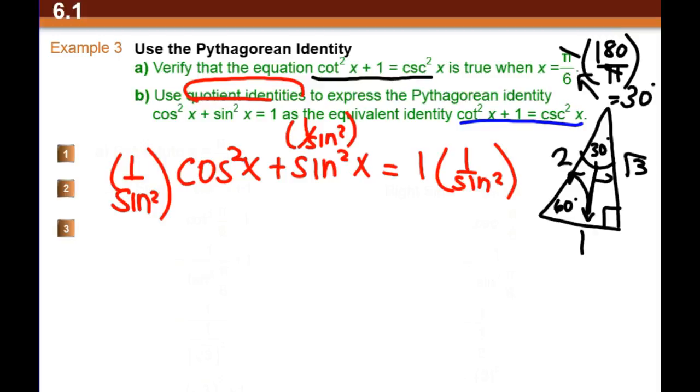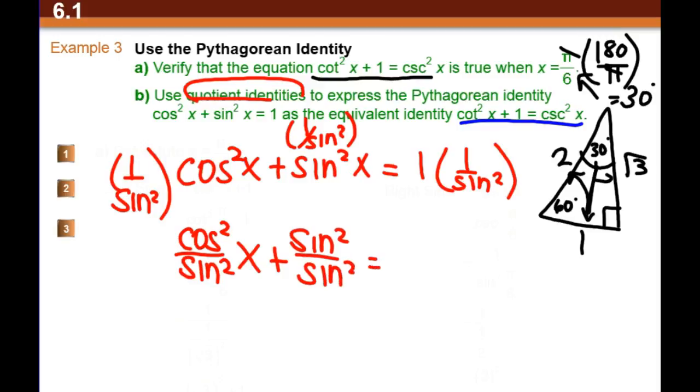So cos squared times 1 over sine squared is cos squared over sine squared, plus sine squared times 1 over sine squared, which is sine squared over sine squared, and 1 times 1 over sine squared is just 1 over sine squared.